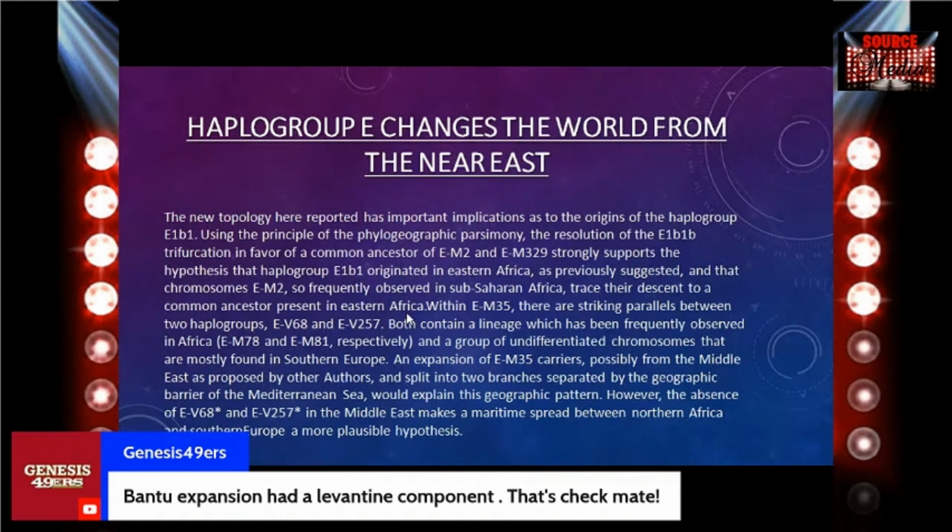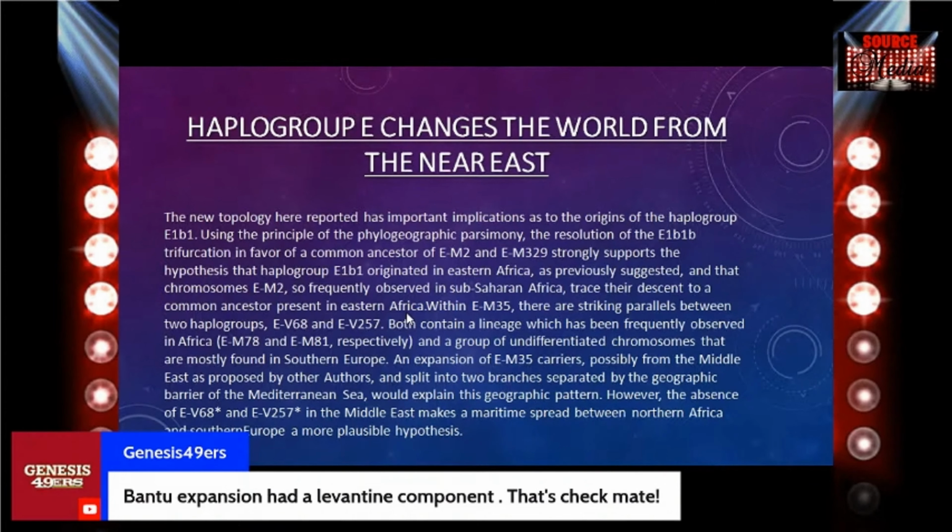Using the principle of phylogenetic parsimony, the resolution of the E1B1B trifurcation in favor of a common ancestor of EM2 and EM329 strongly supports the hypothesis that haplogroup EP2 originated in Eastern Africa, as previously suggested.